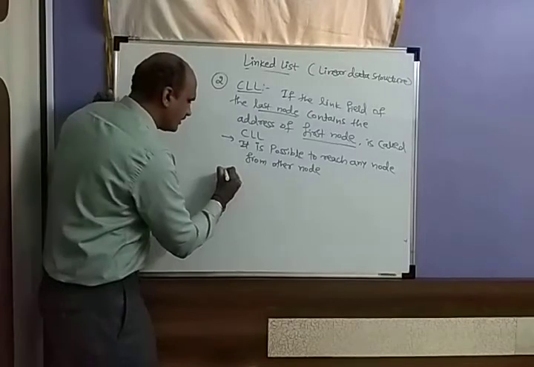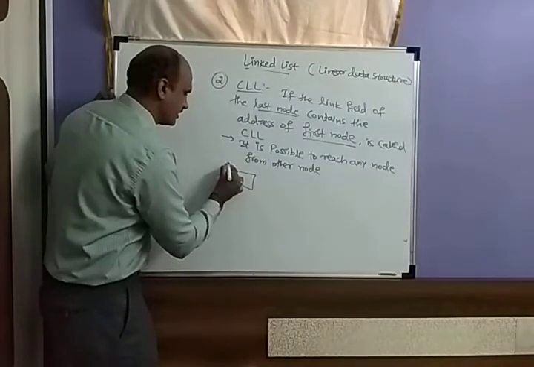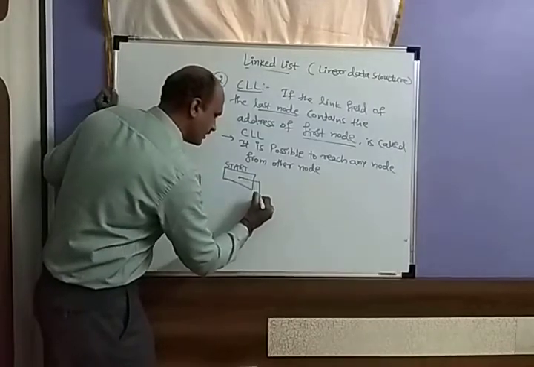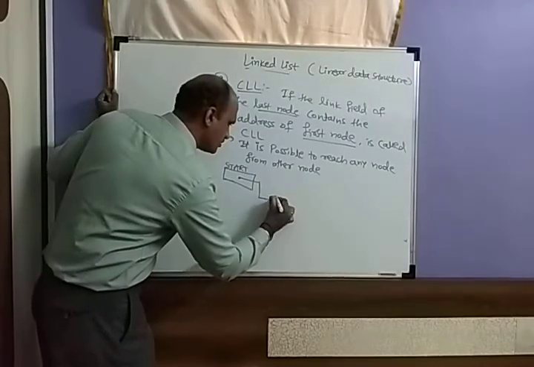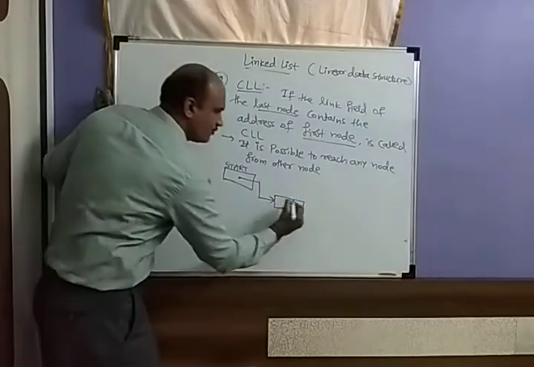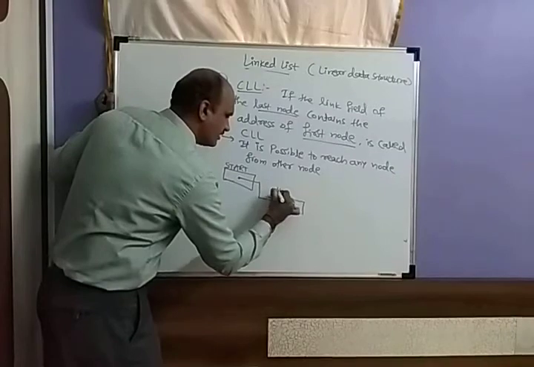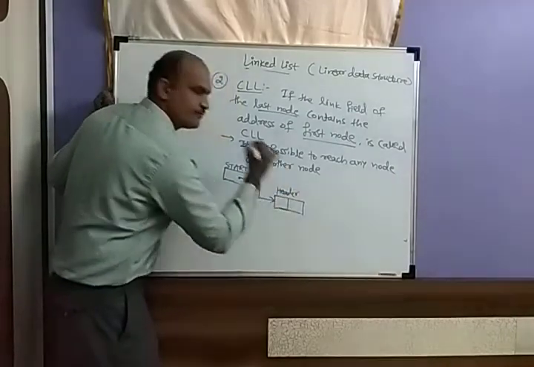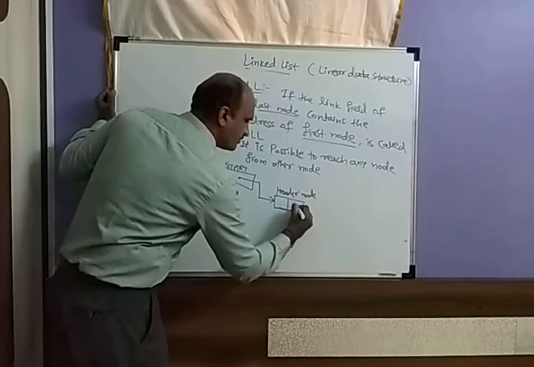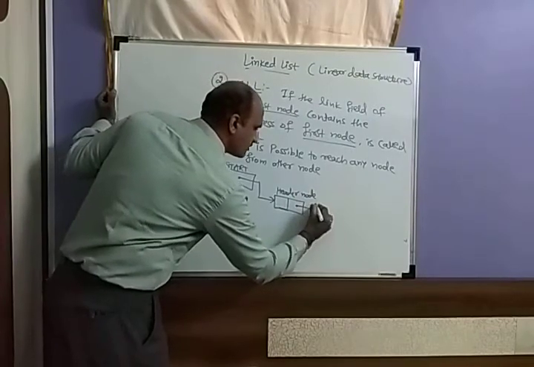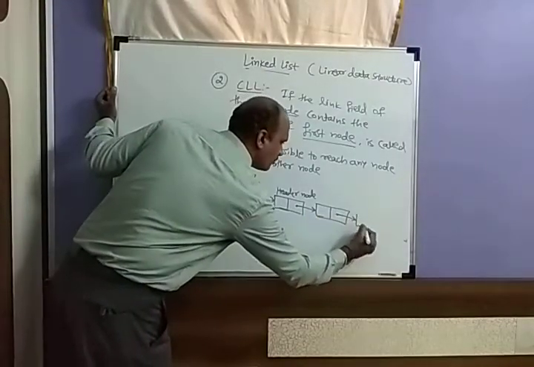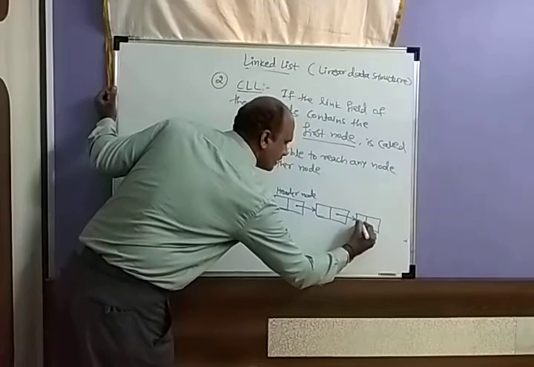That's why we can write it like this, with a start, then here the data and information. So we can have a header node here, then connected again with this. So we have a number of connected nodes like this.